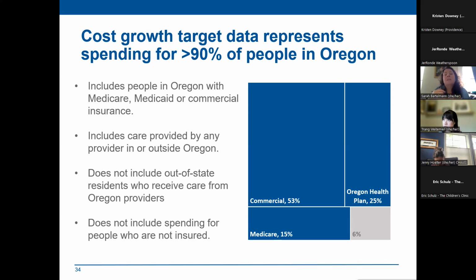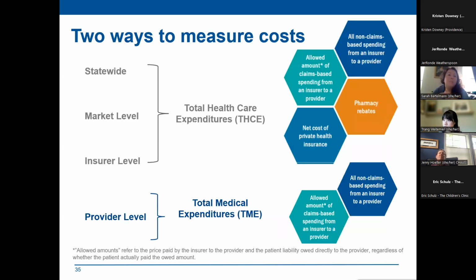Next. There are two different metrics that we're using in the cost growth target program, and they apply to the different levels. So at the statewide, the market level, and the insurer level, we are measuring total healthcare expenditures, or THCE. That includes all of the claims-based spending from an insurer to a provider. It includes all of the non-claims-based spending from an insurer to a provider.